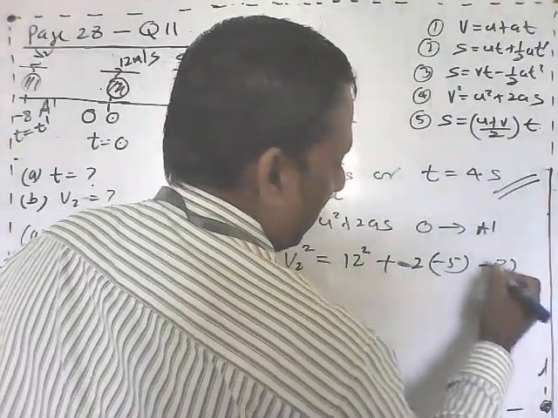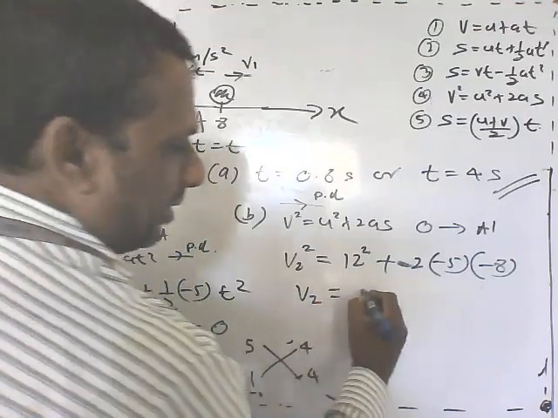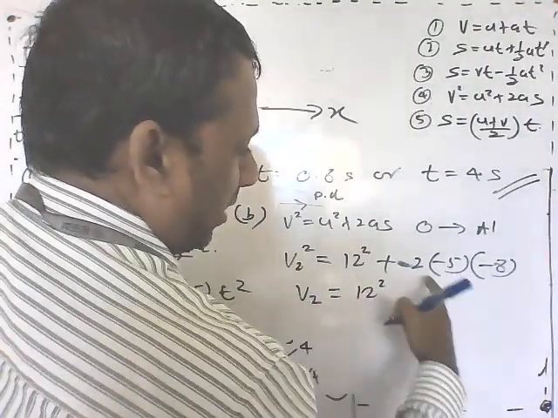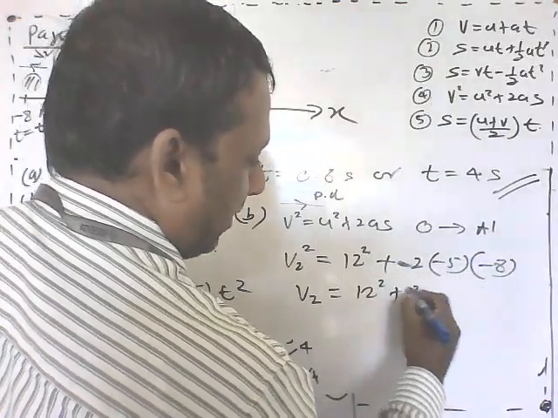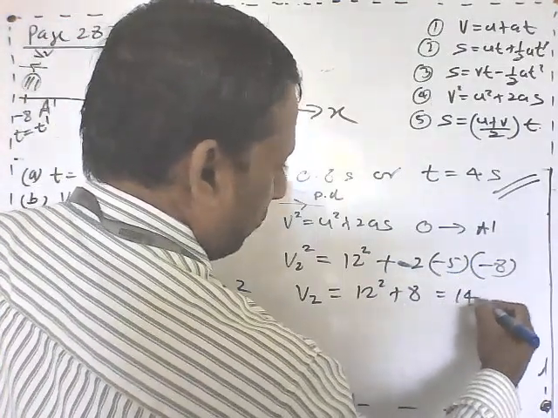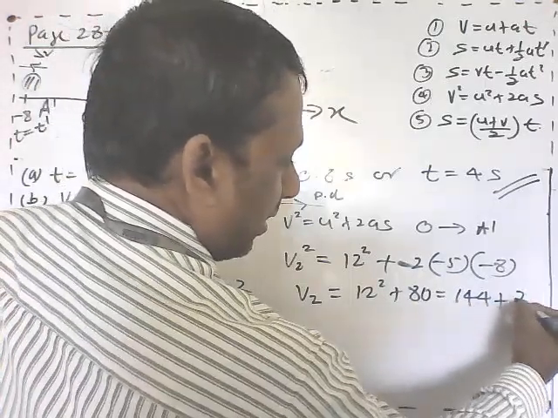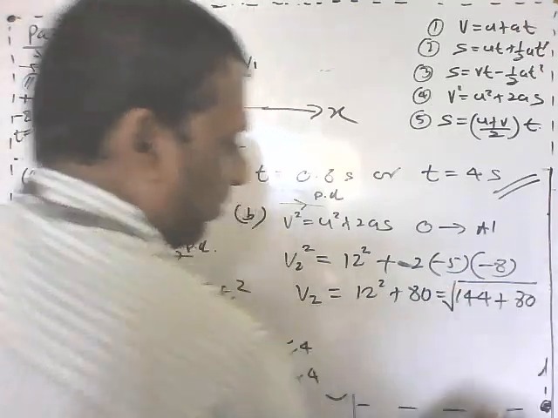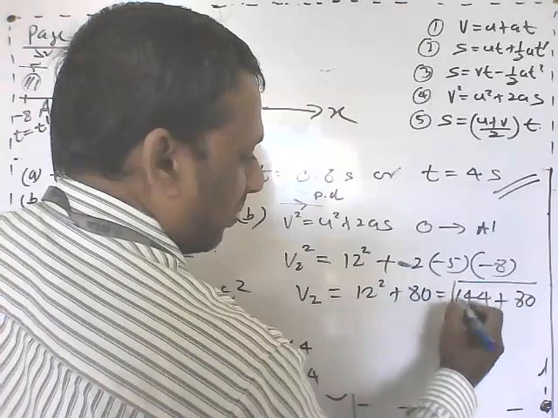So minus 8, then we get v2 squared as 12 squared plus 80, that is 144 plus 80, and the square root of that.